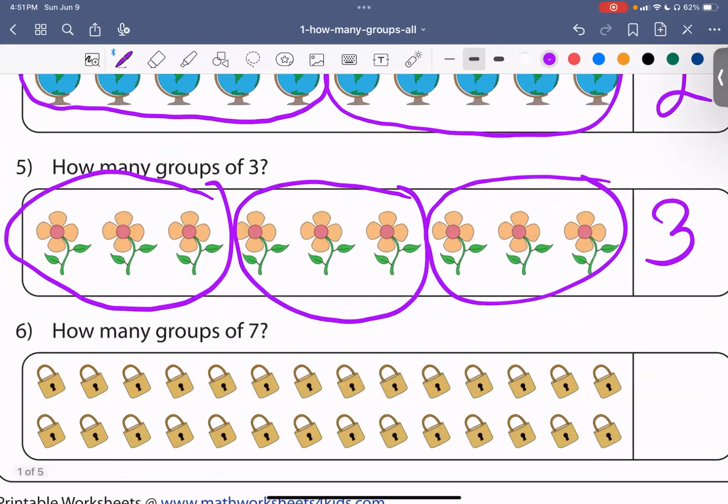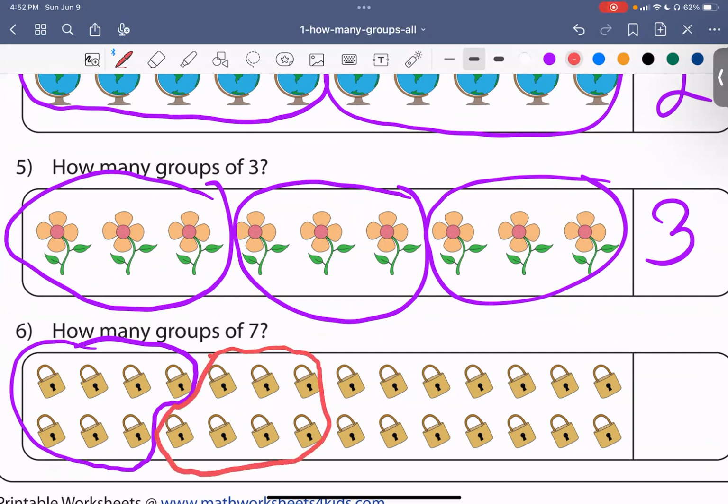How many groups of 7? Let's see. So that's 3. Then I need 1. That's 7. So I need, let's get another color. So I have 3, 4, 5, 6, 7. 3.